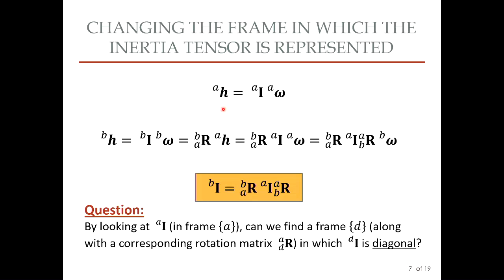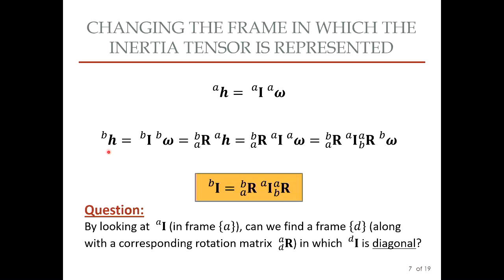Here I have some angular momentum h in, say, frame A, which is I omega, all in frame A. This is valid. Similarly, I have h in frame B, which is I omega, all in frame B. All right, and now this part is using the fact that h is a vector.